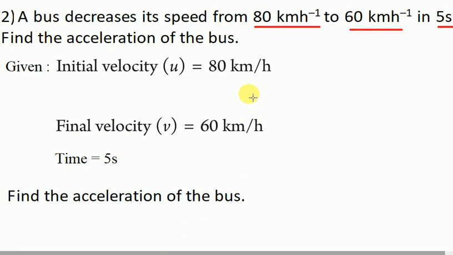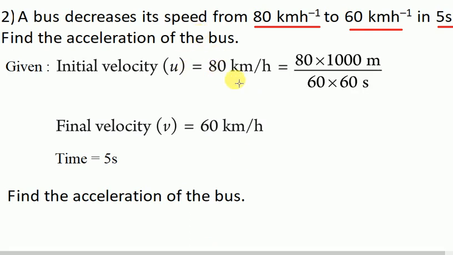If you want to convert velocity to meter per second, and it is in kilometer per hour, you can directly multiply by 5 by 18. Now I will tell you why 5 by 18. As you are aware, 1 kilometer is equal to 1000 meter, and 1 hour is equal to 3600 seconds.